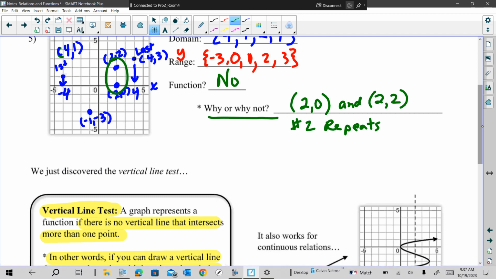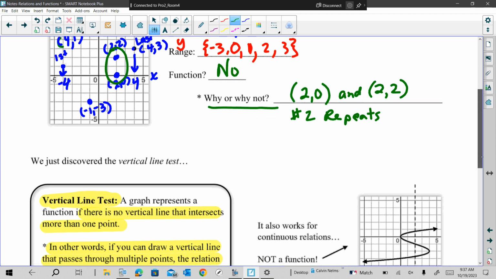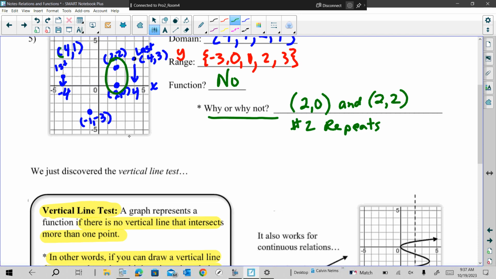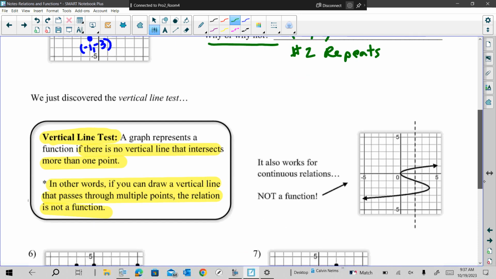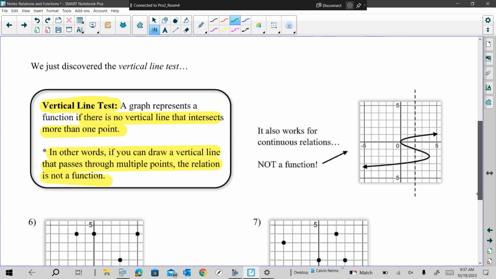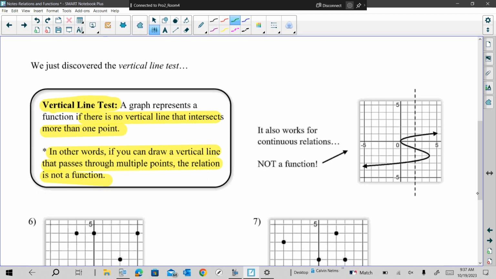If there is no vertical line that intersects more than one point, then you have a function. But right here it says, in other words, if you draw a vertical line and it passes through multiple points, the relationship is not a function. Okay?